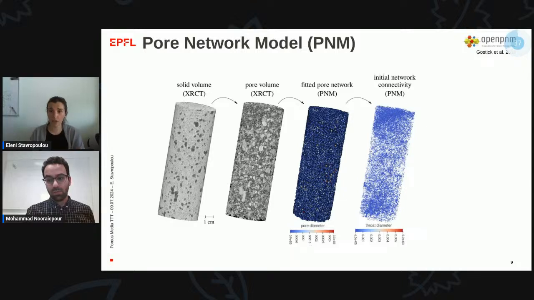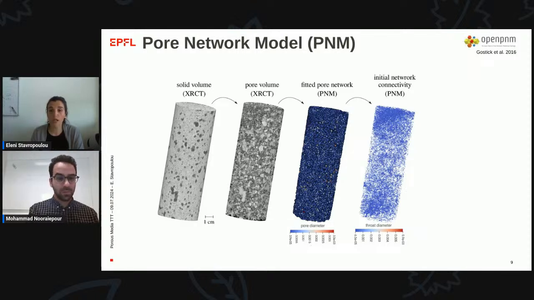Based on this OpenPNM algorithm, in a similar way to what Ali showed before, we can also define an initial network connectivity, so we can obtain the throats that connect the different pores. As you may suspect, the connectivity of the given network is quite poor.